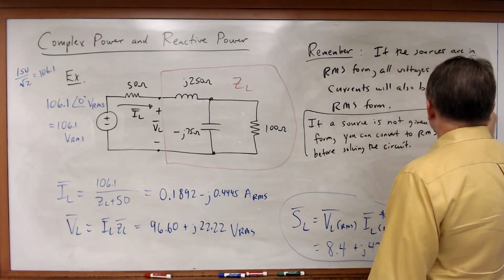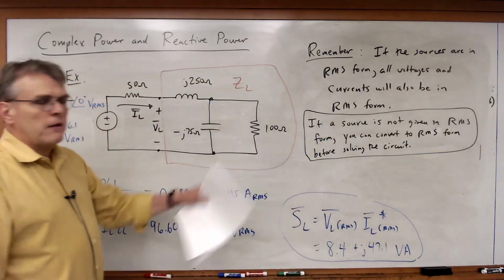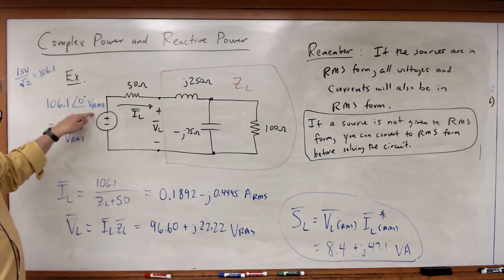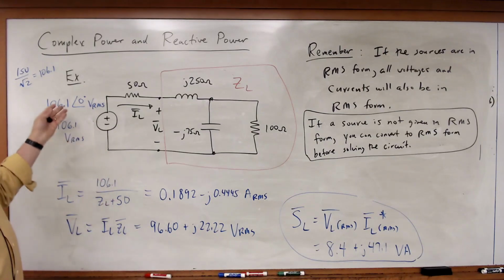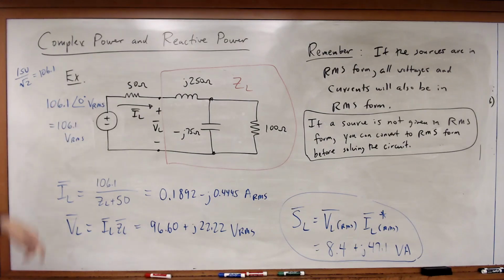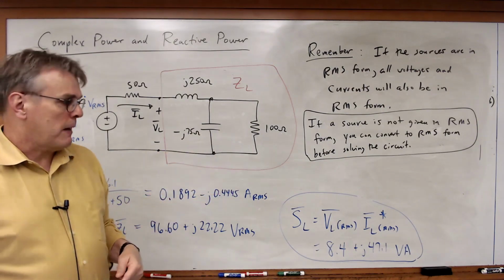This is generally a good strategy. Most people just like to operate in RMS when they're using complex power. So look at the sources. If you don't see the VRMS units, then it's not in RMS form, but you can convert it just by dividing the magnitudes by the square root of 2. After that, you just use the RMS form of complex power.